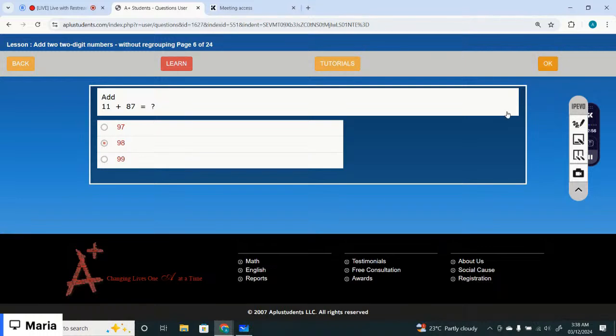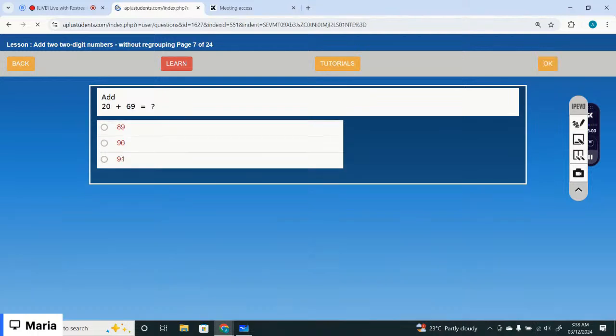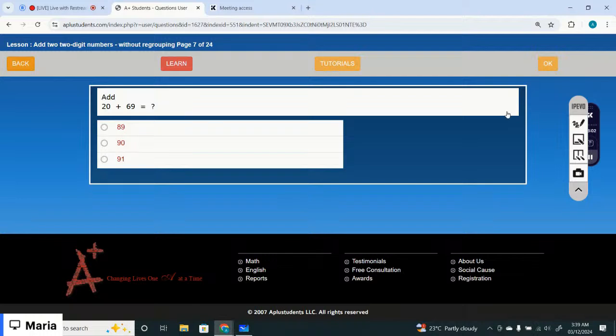Option number 2 is the correct option. 7 plus 1 is 8 and 8 plus 1 is 9. Okay, you can complete the lesson by yourself later today.